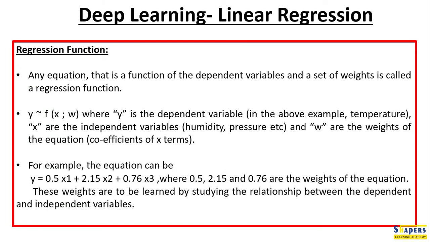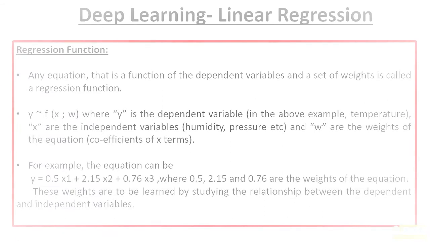Defining the regression function: any equation that is a function of the independent variables and a set of weights is called a regression function. Equating with our previous example, we have the variables like height, humidity, air pollution or air conditions, etc., and some set of weights.